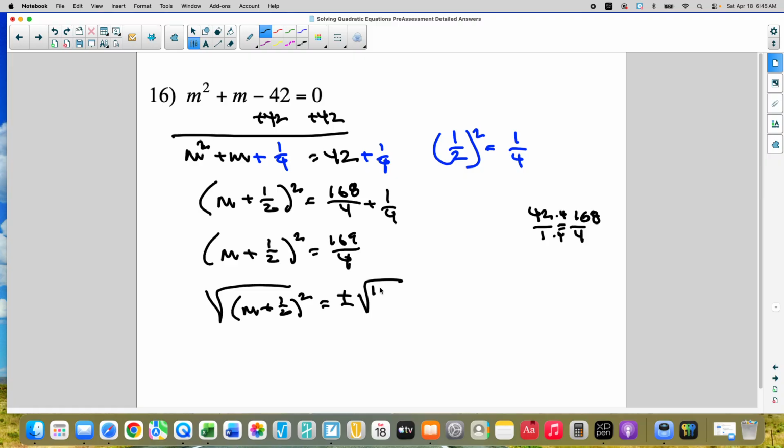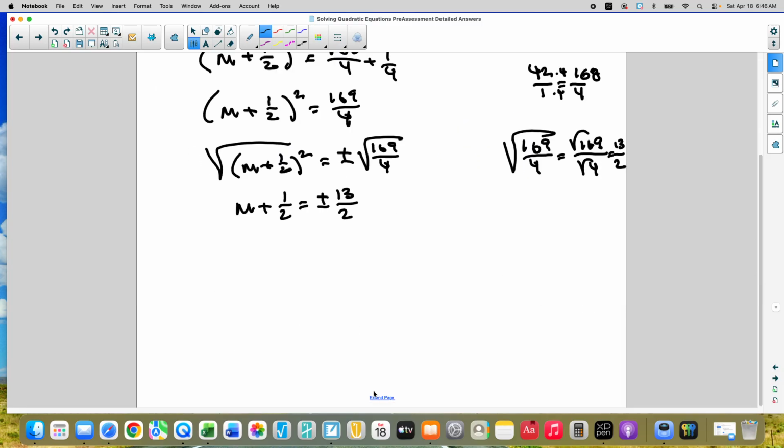Do not write 169 divided by 4 and then take the square root. You could, but please be cognizant that we can separate these radicals and that they are perfect squares, 13 over 2. So m plus 1/2 equals plus or minus 13 halves.